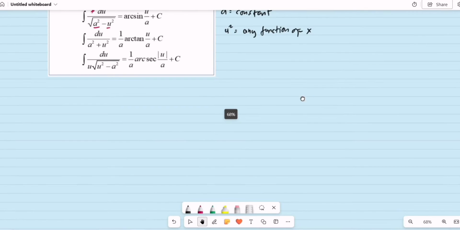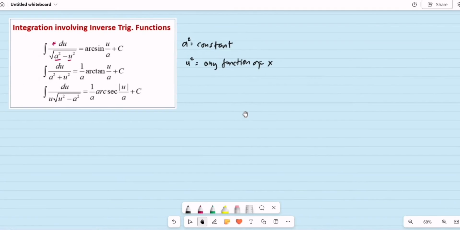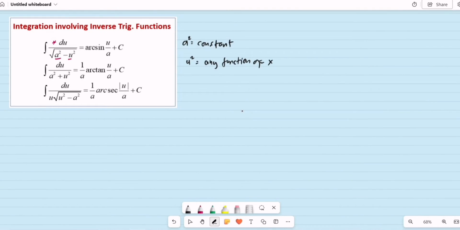So, for example, let us evaluate the integral of dx divided by the square root of 9 minus x squared. Among these given equations, which one will be applicable?